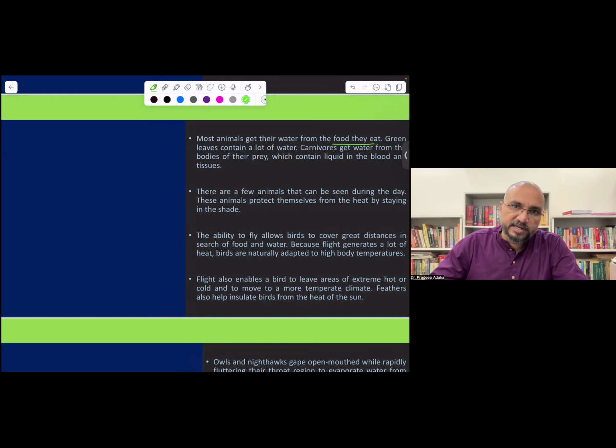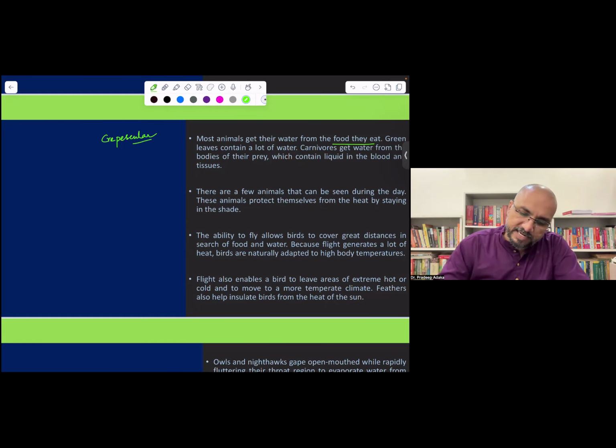So during the early dawn, before the sun rises, or dusk, after the sun has set, so there is still some light. So these animals are called crepuscular animals. They are active during the dawn and dusk when the light intensity is low.